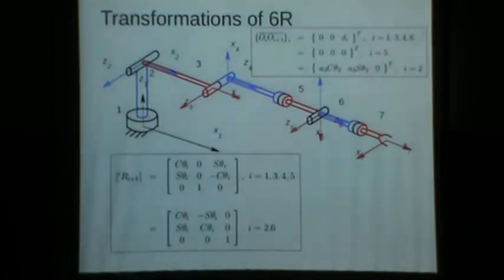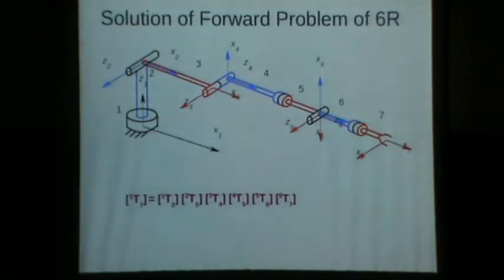So the transformation matrices, the translation part and the rotation part of the position and the orientation, are this symbol for that particular manipulator between the adjacent reference frames. Now the solution to the forward problem is very straightforward and trivial. So this is our mechanism, the manipulator.